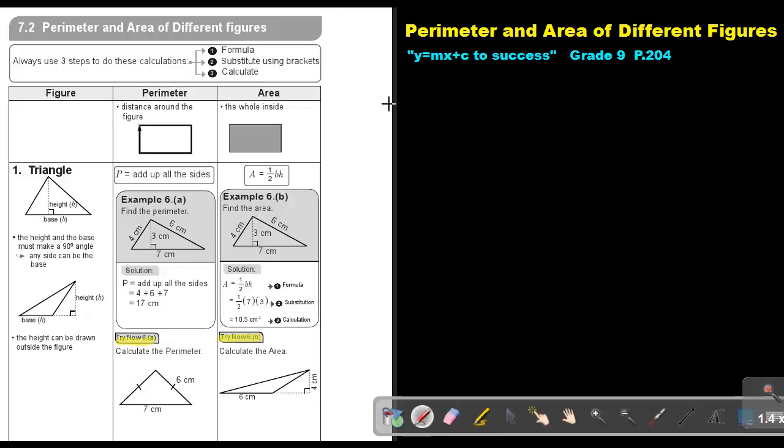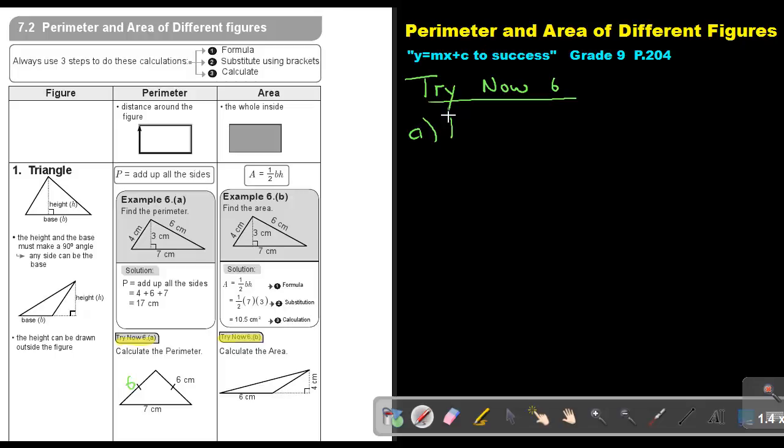As soon as you are finished, you can continue with the video. Let's start. Try now 6. Let's start with number A. If we look at this figure, we can see it's a triangle. Now, due to those little lines, if this side is 6, then this side will also be 6.